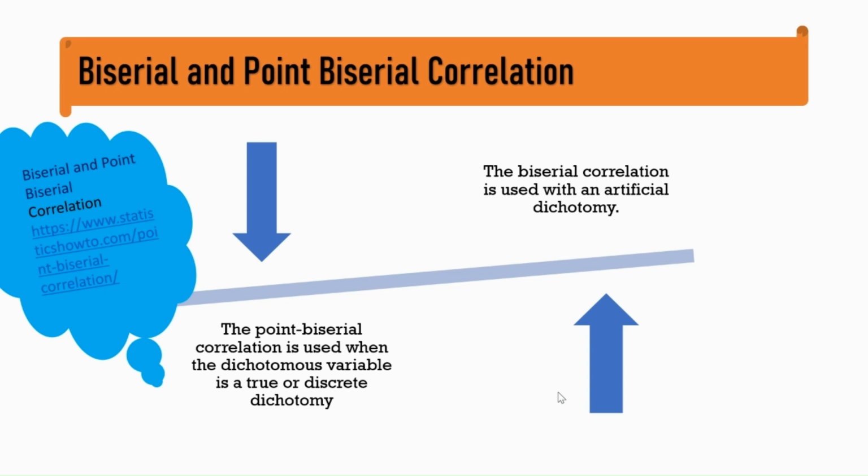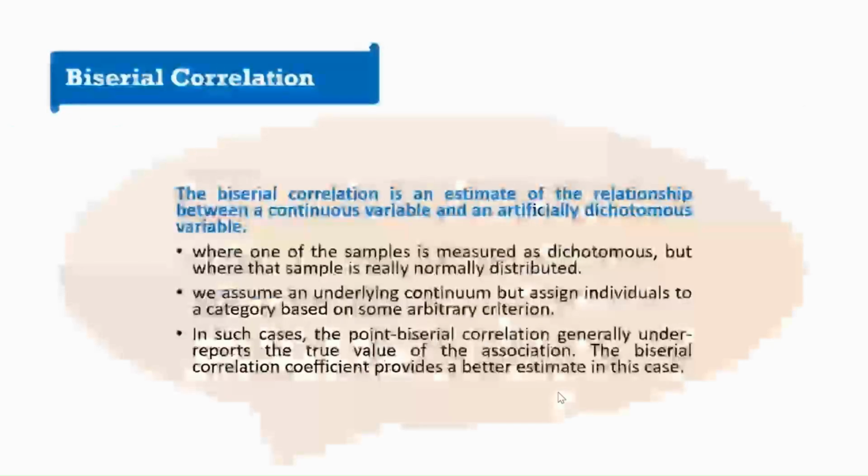This is the major difference, the main difference between the biserial correlation method and point biserial correlation method. We should use the biserial correlation method only in the case of the artificial dichotomy. But if there is true dichotomy or discrete dichotomous variables, then point biserial is an appropriate method.